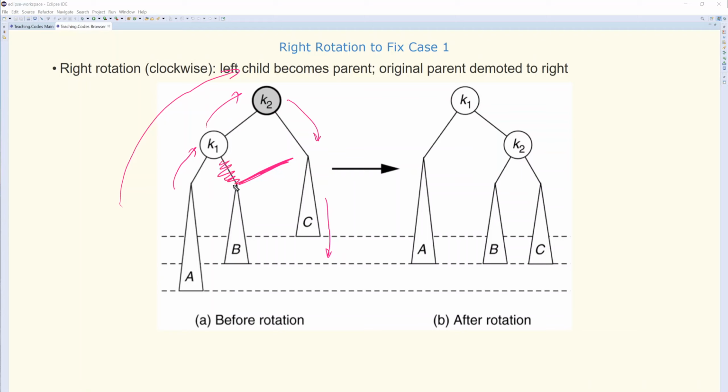So this link here will be broken, and B will get adopted to the new node that comes here, which is K2. So K2 adopts, as you can see in the figure, K2 adopts K1, C goes 1 level down, A goes 1 level up, but still remains with its parent node. The only one that gets adopted is the one in the middle.